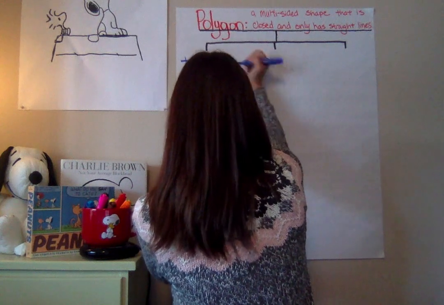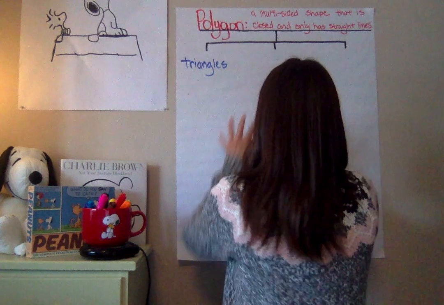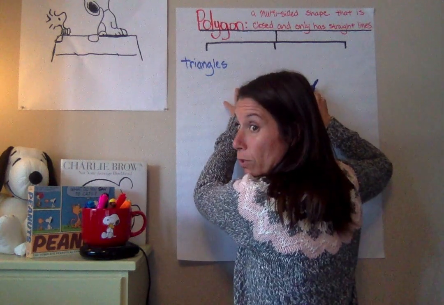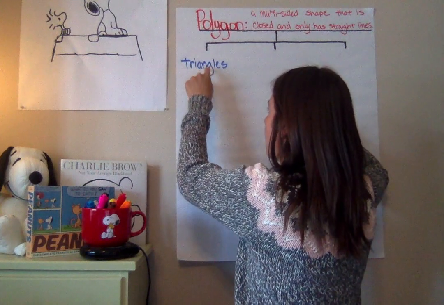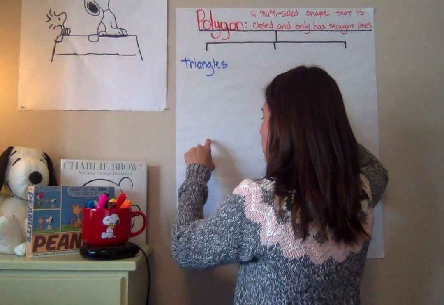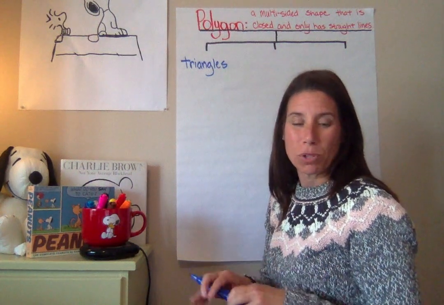Triangles. Okay, so for triangles, I know that my 2 big categories for quadrilaterals are going to be really big. So I'm going to draw a line that goes way down here because I only really have 1 type of triangle.